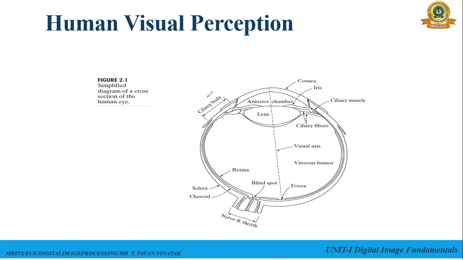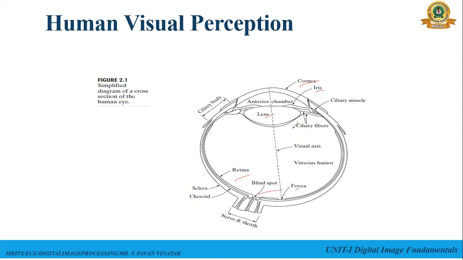Let us see here, this is the cross section of the human eye. It consists of cornea, iris, lens, retina, blind spot. What are those things? Let us see.